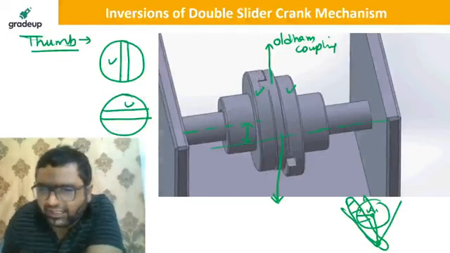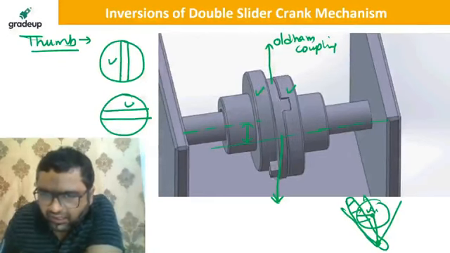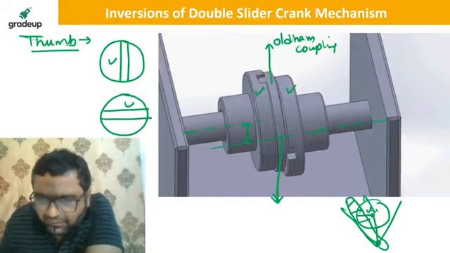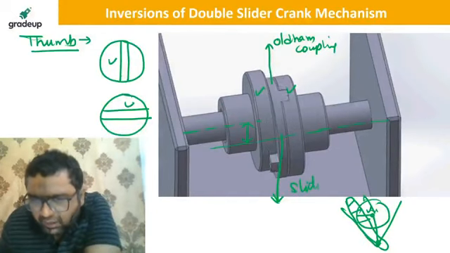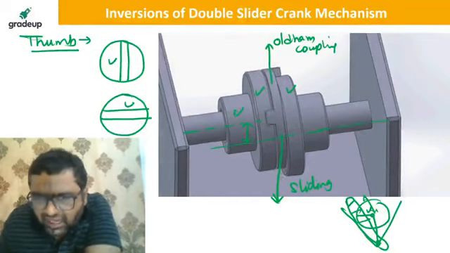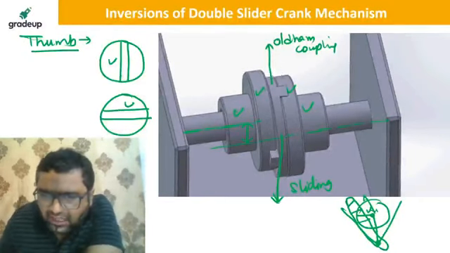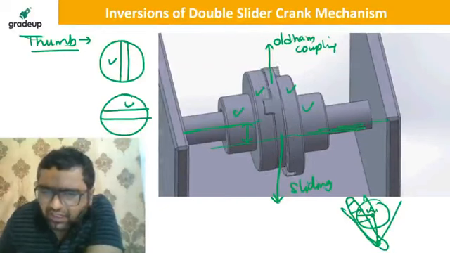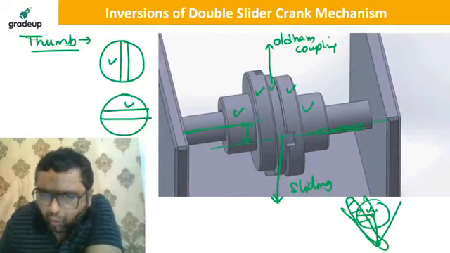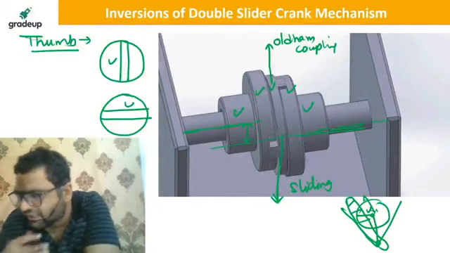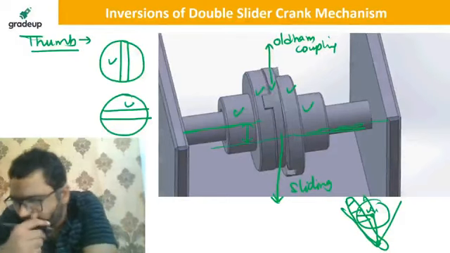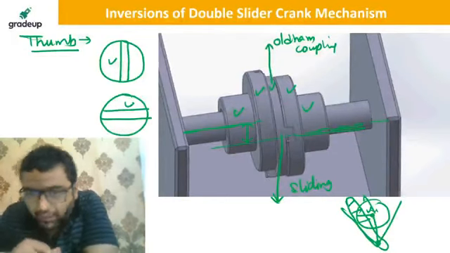I feel by looking at this figure, you will be having a clear feeling of that. You can see coupling is having some sliding motion also. Why? Because it is connected with this shaft and this shaft, which are rotating about different axes. So definitely it has to slide if it has to rotate with both. This kind of coupling is said to be the Oldham coupling.